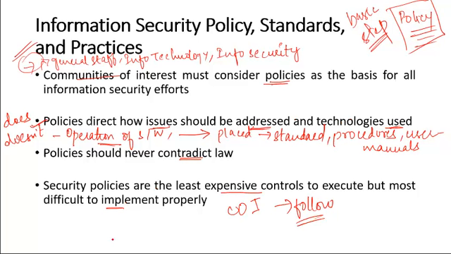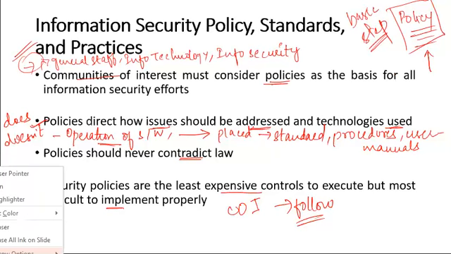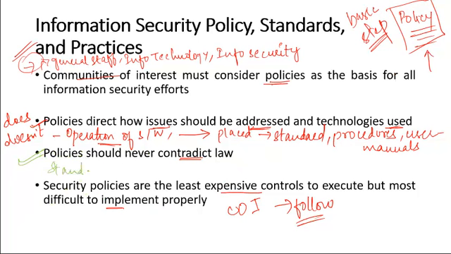Now, shaping a security policy is difficult. Whenever you are planning and making this policy, it becomes difficult. Why? First, it should never contradict law. It should be in favor of the law, so that it is able to stand up in court.